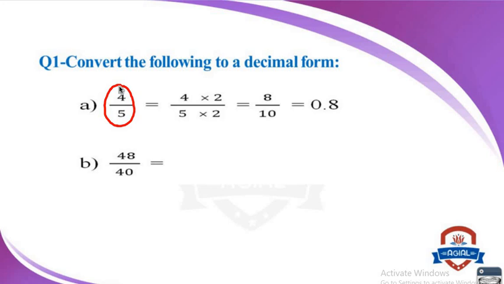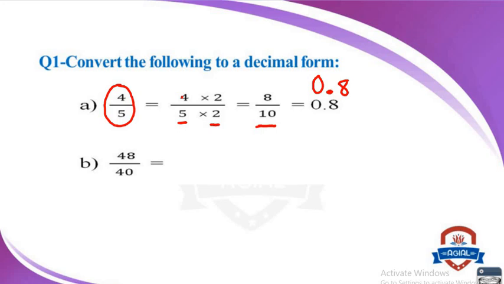So can you change it from 5 to 10? Yes, multiply by 2. So I write 4 multiplied by 2 and down 5 multiplied by 2. Up, it will be 8 over 10. How can I write it? I write 0 because I don't have any whole numbers. 0.8. Why 0.8? Because it's just one digit after the point.